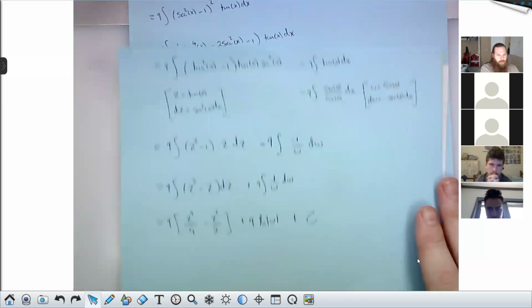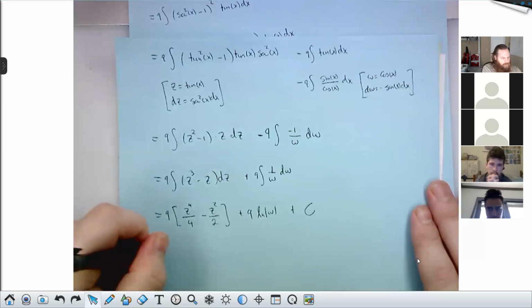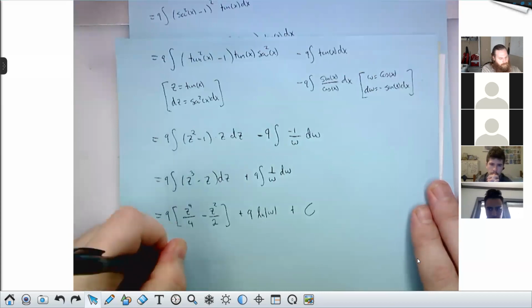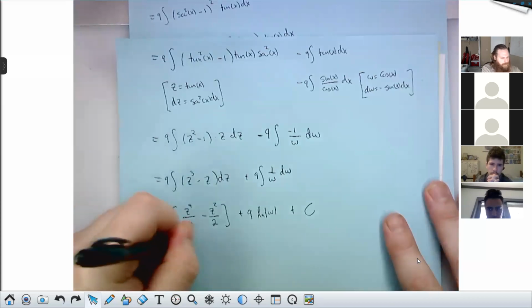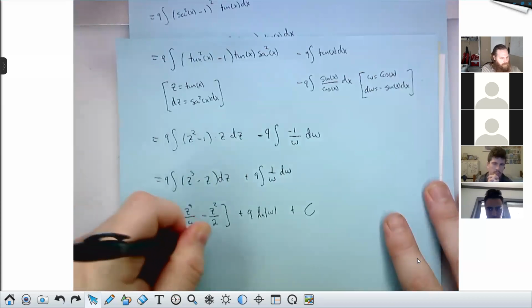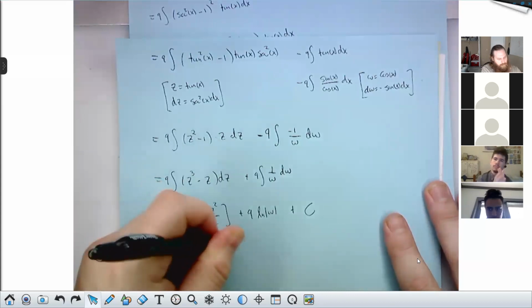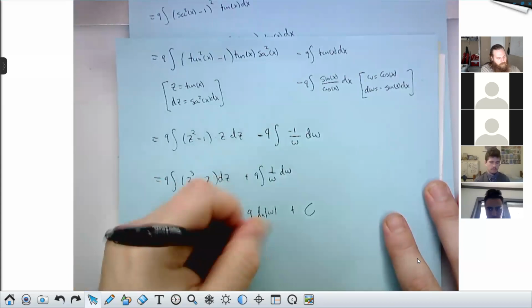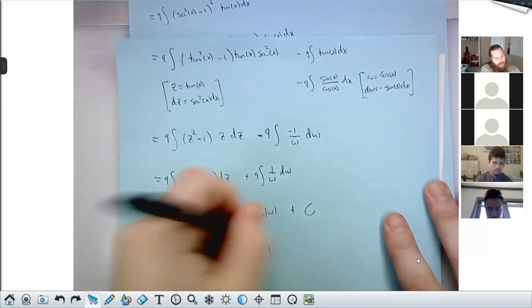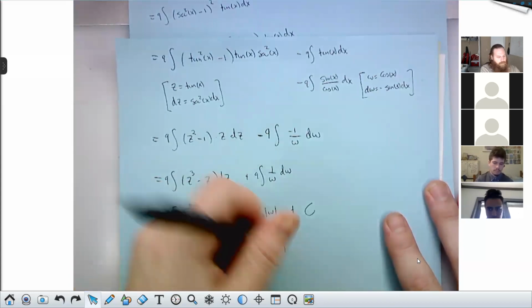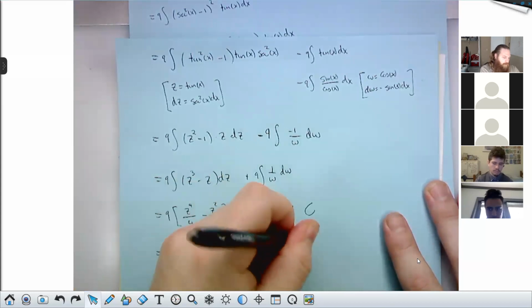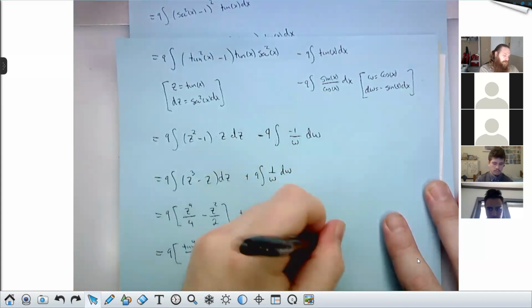And then we have to chase back through both of those substitutions. So this is 9 bracket, 4th power of tangent over 4 minus 2nd power of tangent over 2, plus 9 times the natural log of the absolute value of cos x plus c.